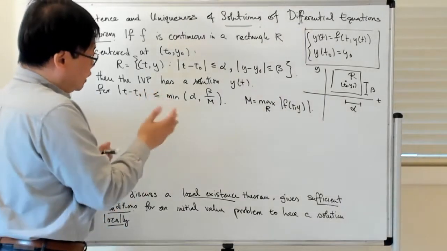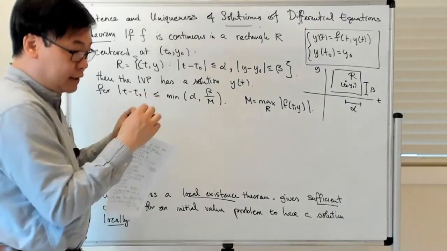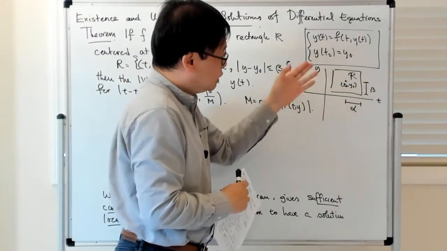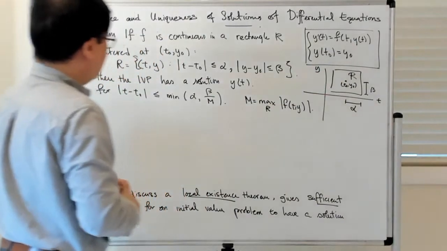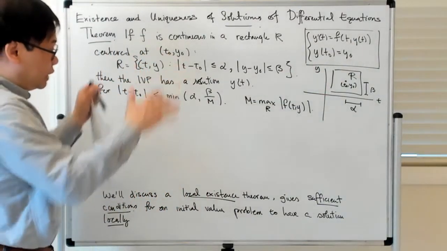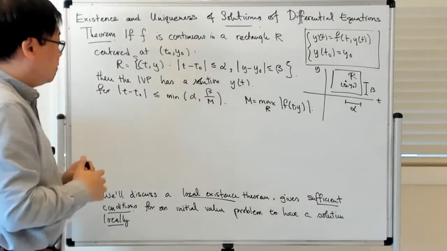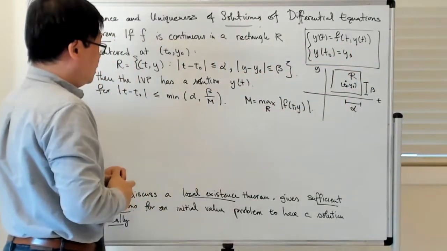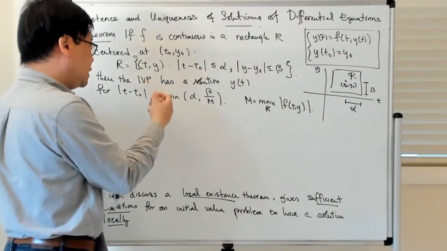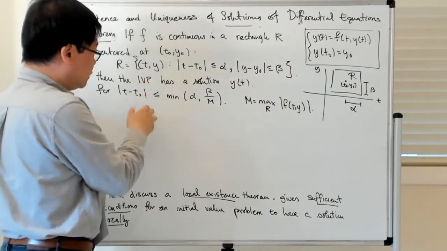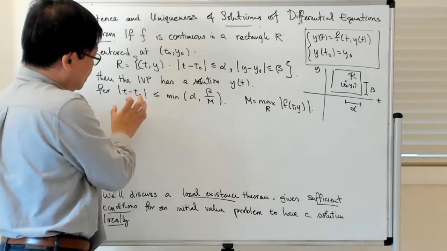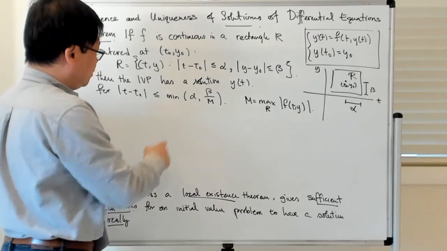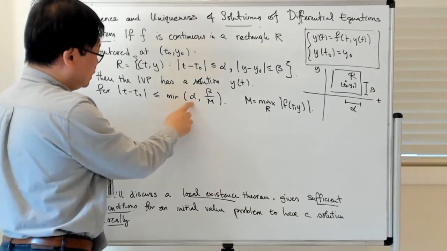The claim is that in that situation, the rectangle is centered at the initial time t0 and the initial value y0, and over it the right-hand side of the differential equation is continuous. Then the solution exists starting at t0, y0, and it persists for a certain period of time, which is bounded from above by alpha.